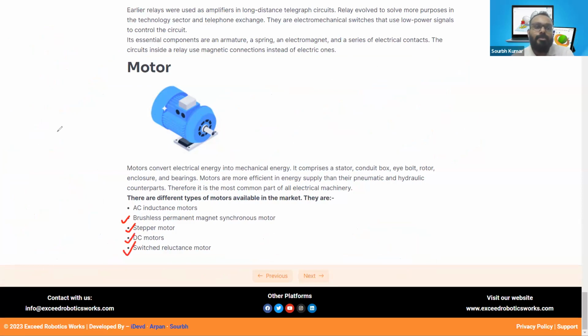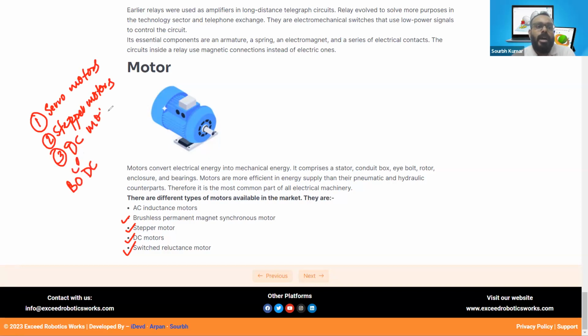In our robotics project, we are going to utilize, first, servo motors; second, stepper motors; and third, DC motors, or we can call them BO DC motors. BO stands for battery operated.